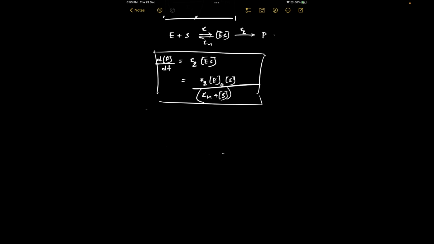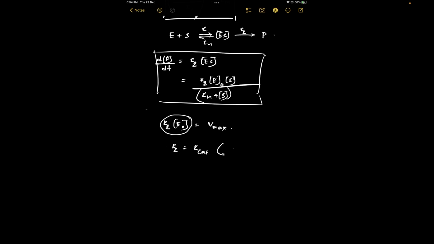Now this k2 times E0 is called Vmax, the maximum rate. Vmax will be k2 times E0, where E0 is the initial enzyme concentration, and k2 is also called k catalytic, the turnover frequency.